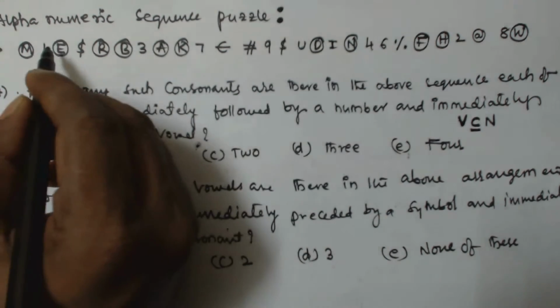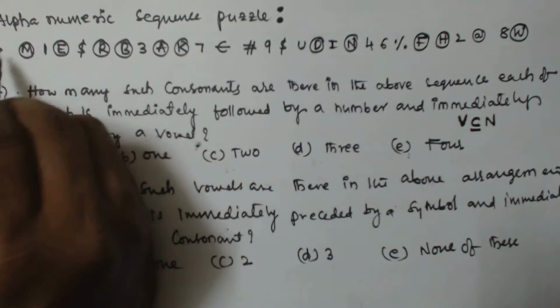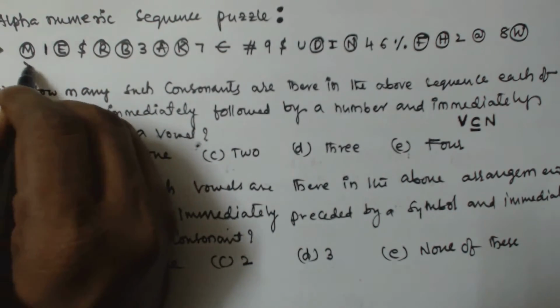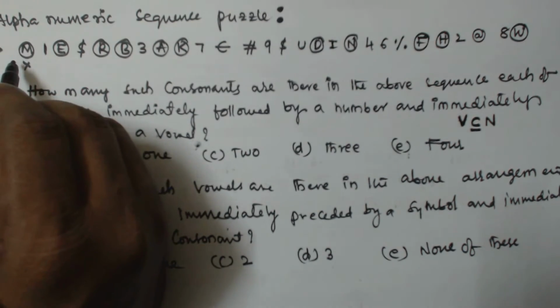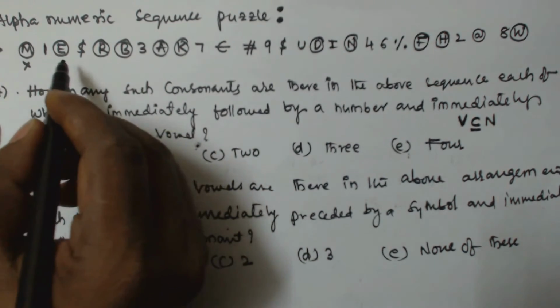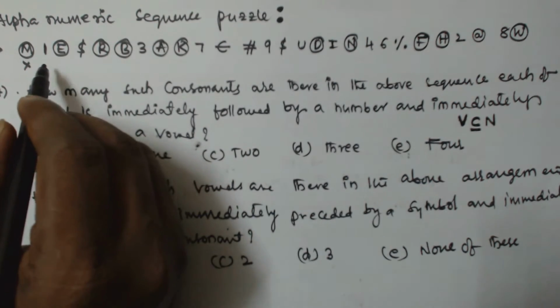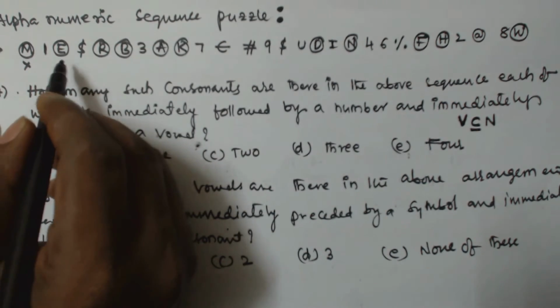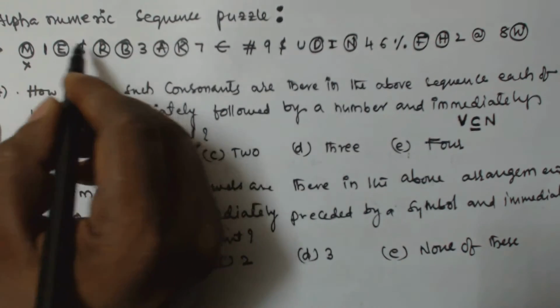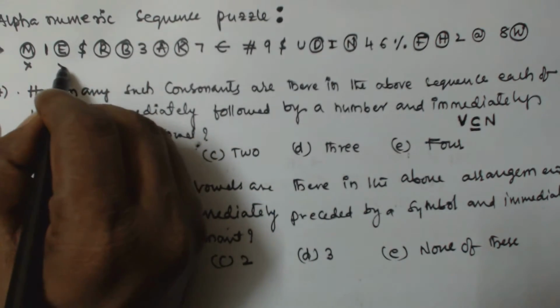So here M, there is nothing before M, so we do not consider this one. And E, sorry, E is not a consonant, it is a vowel, so I wrongly selected this one, so I do not consider it, because we have to consider a consonant preceded by a vowel and followed by a number. R is preceded by a symbol, not by a vowel, so I do not consider this.